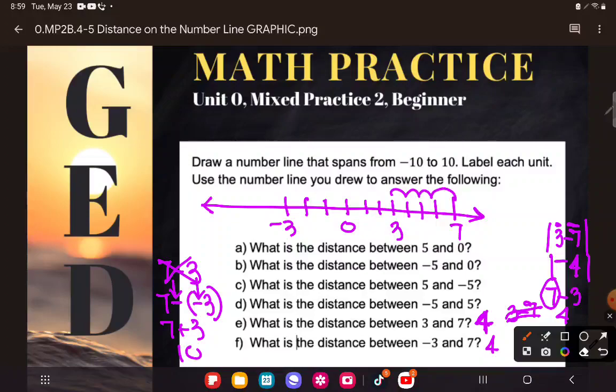If I want to get from -3 to 7, they're far apart. I'm going to have to go all the way from 0 to 7. 1, 2, 3, 4, 5, 6, 7. That's that 7. But then I'm going to have to keep going. I'm subtracting still a -3. I keep going. 8, 9, 10. I'm 10 units apart.